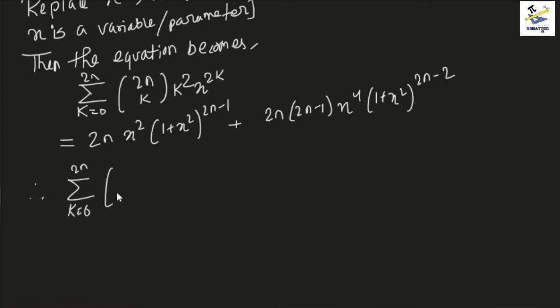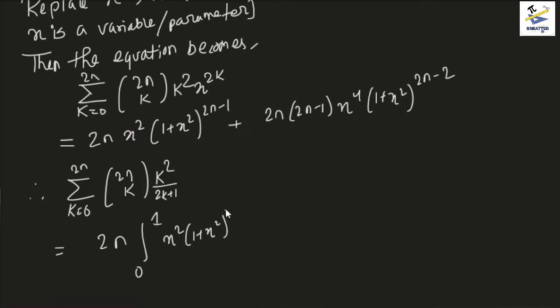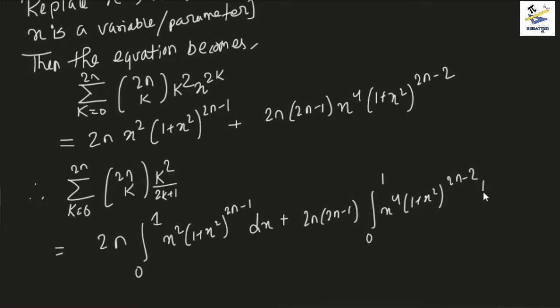We wanted to convert this into an integration, and our final answer would look something like this: the sum of k square by 2k plus 1 should be equal to 2n times the integral from 0 to 1 of x square into (1 plus x square) to the power 2n minus 1 dx, plus 2n into 2n minus 1 times the integral from 0 to 1 of x to the power 4 into (1 plus x square) to the power 2n minus 2 dx, which is our answer.